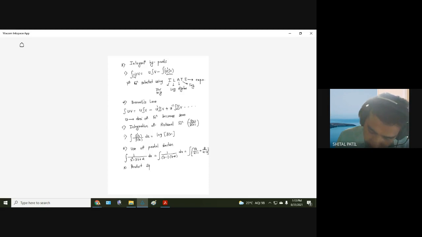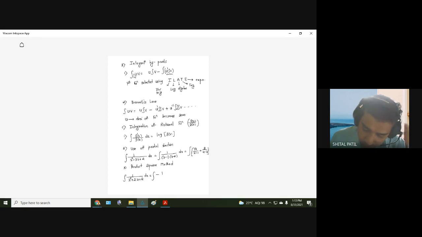the perfect square method is used. Okay. For example, say our aim is to integrate 1 upon x square plus 2x plus 2. Right. Now we cannot find the factors, since the roots will be imaginary.